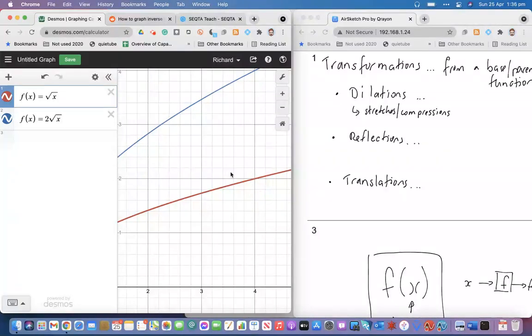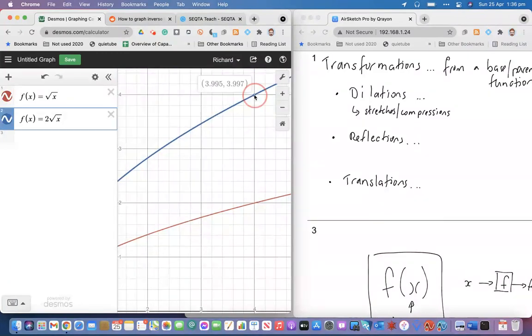But on the new function 2 root x, that value 2 has been stretched by a factor of 2. So 2 times 2 is equal to 4, and hence the new point is (4, 4). Okay, so that's what it does.